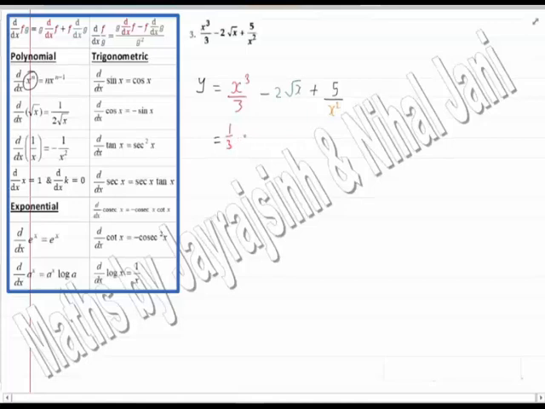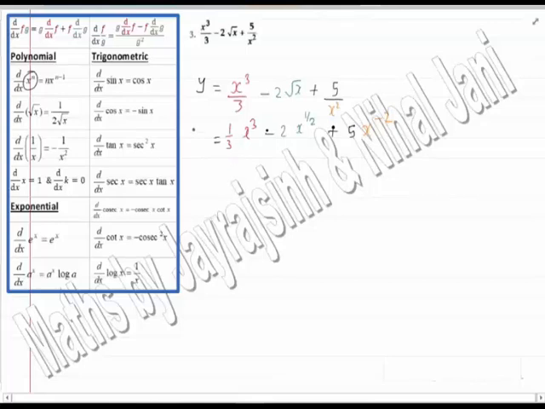1 by 3 is actually a constant, x raised to cube will be x raised to cube, minus 2 is another constant, and root x is basically written as x raised to 1 by 2, right? And if we see 5 upon x square, 5 is the constant term, and 1 upon x square can be written as x raised to minus 2, right?